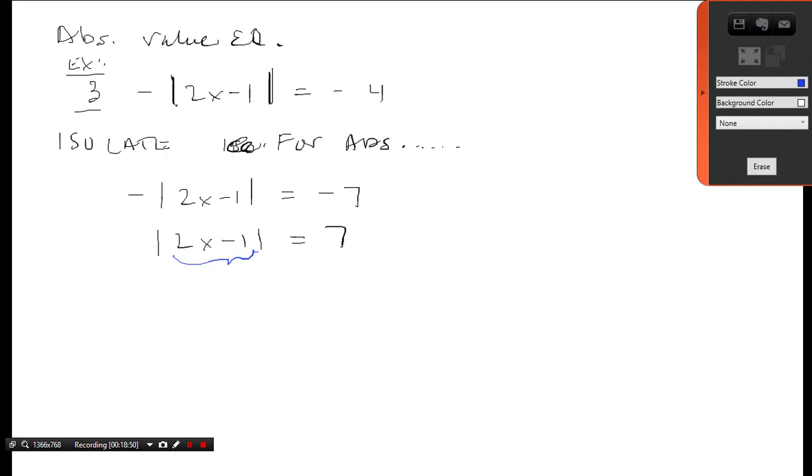In my class we call this the distance away from 0, where there are 2 numbers that have this distance. So let me make sure I draw a picture for you. Here's 0. If I take 7 steps to the right, where do I land? Correct, the number 7.